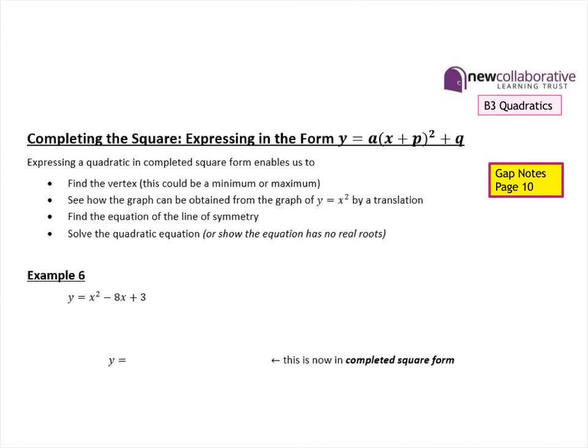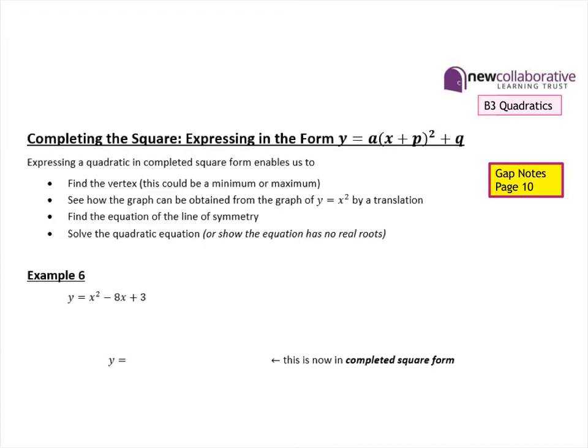So in the example at the bottom of the screen, we've got a quadratic function where the coefficient of x squared is 1, and we're going to complete the square. So we start with y equals x squared, take away 8x, add 3.